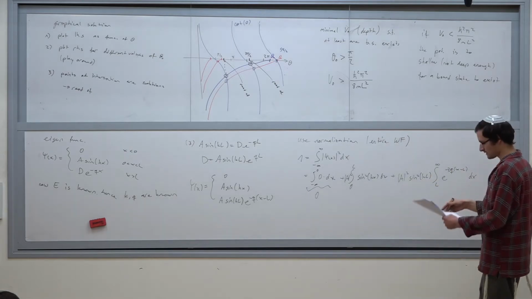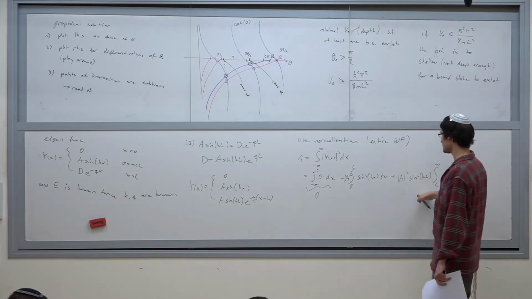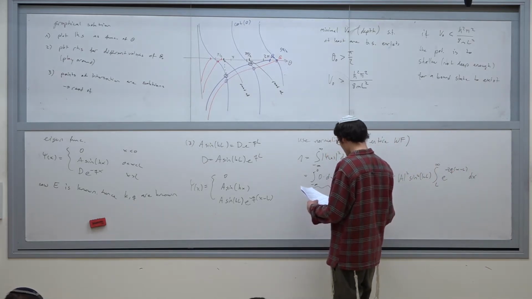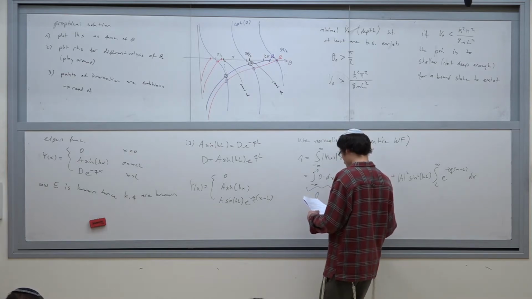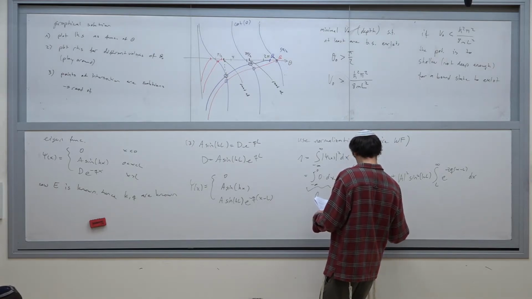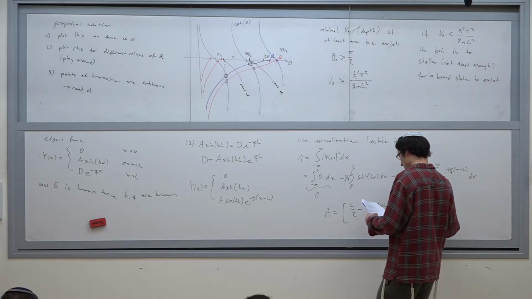Okay, you solve this integral. I'm going to skip the actual solution. You solve the integral, eliminate A, and you find that A equals some really big and not nice expression. I will leave it as a function of k and q, because as I said, k and q are known.